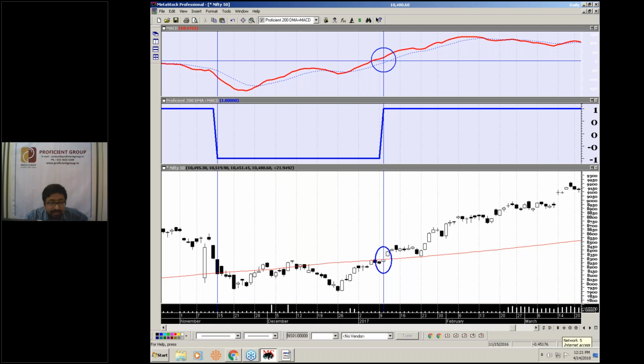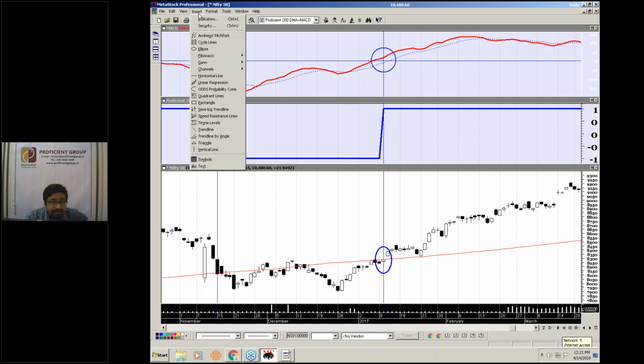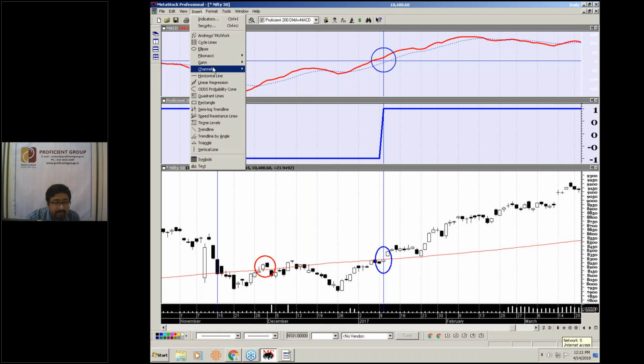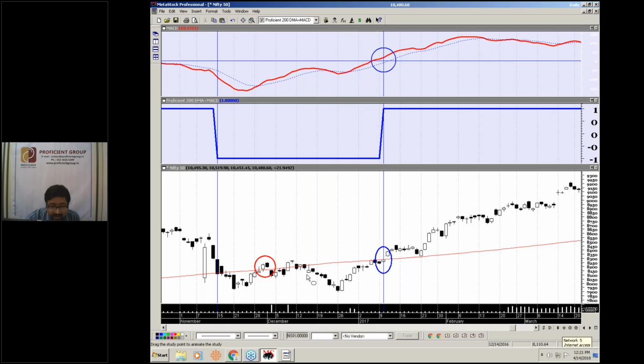But on these particular days, suppose here, or here, although prices were above their 200-day moving averages, look at MACD.